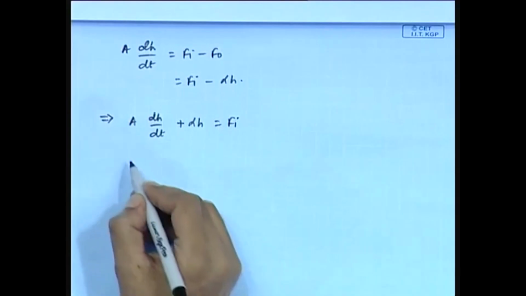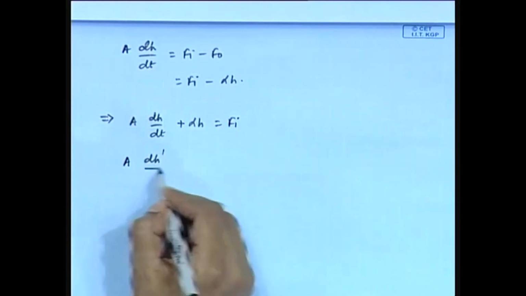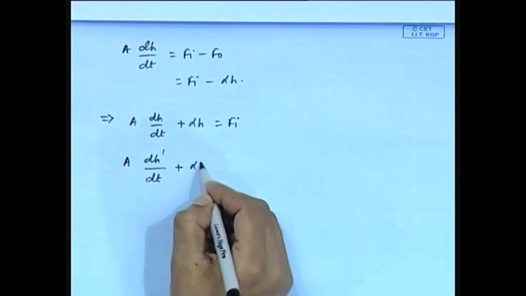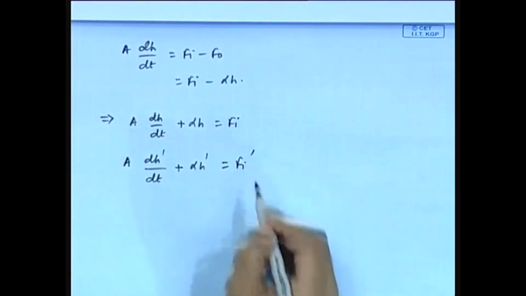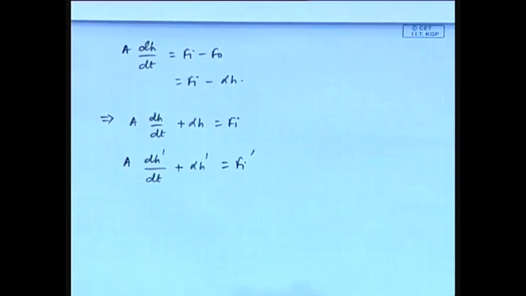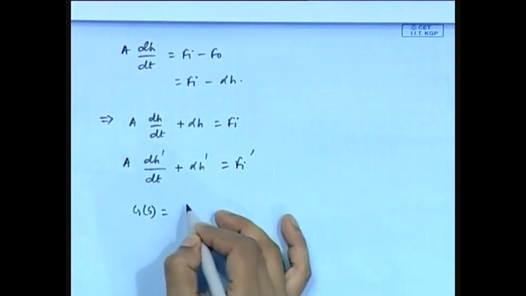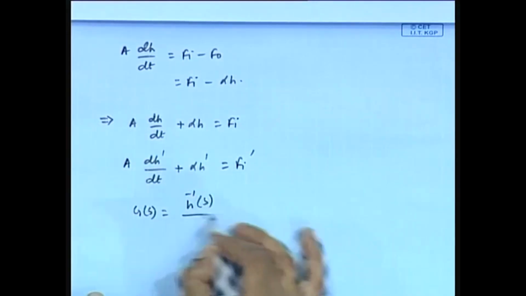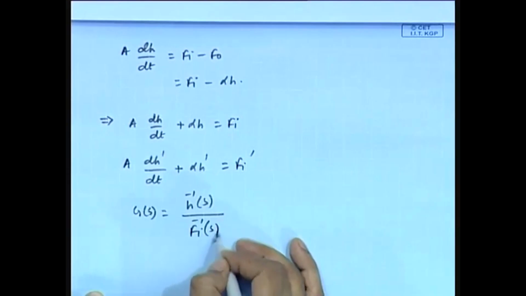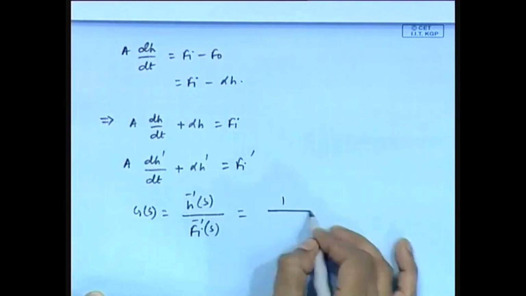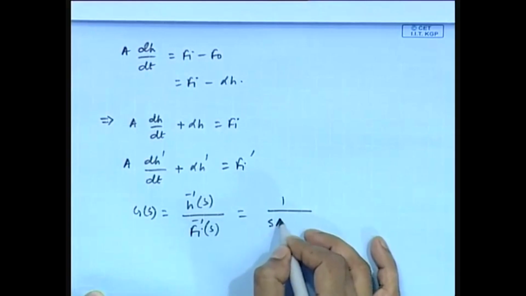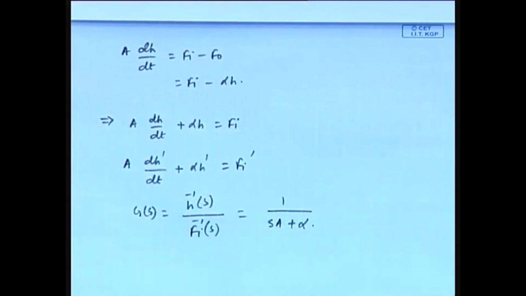If we write in terms of deviation variables, we will get A dh'/dt plus alpha h' equals F_i'. Fine. So, what will be the transfer function for this? H bar prime(s) divided by F_i bar prime(s) equals 1 divided by (A s plus alpha).